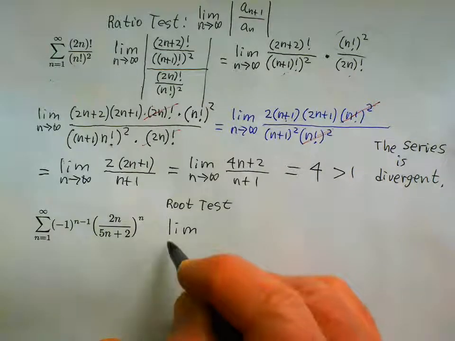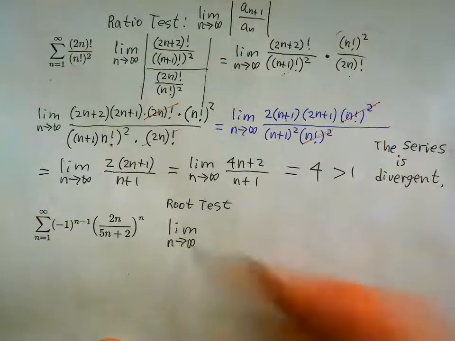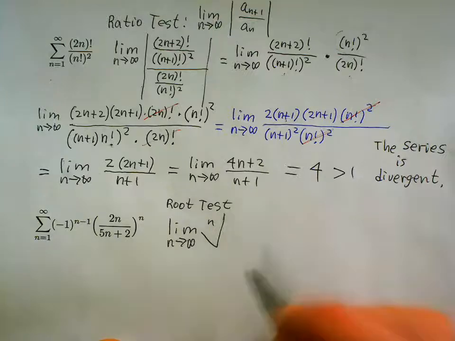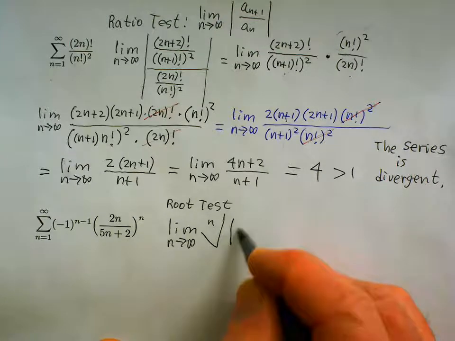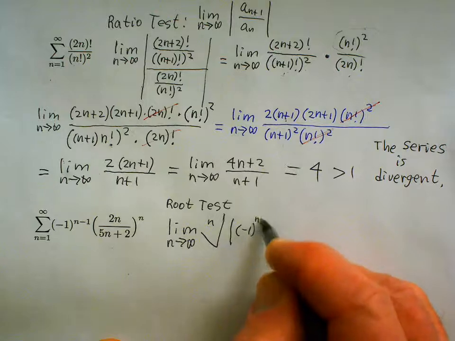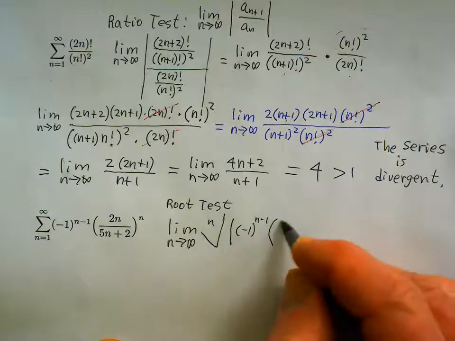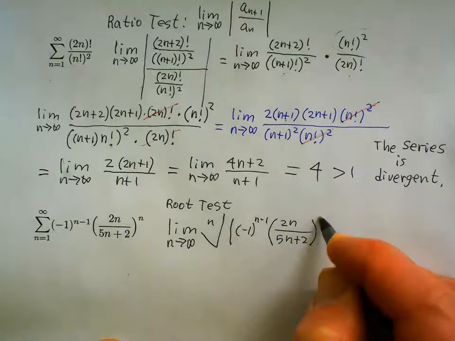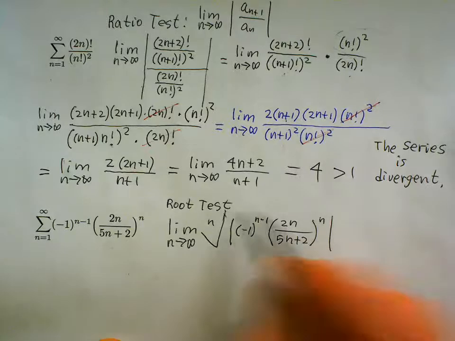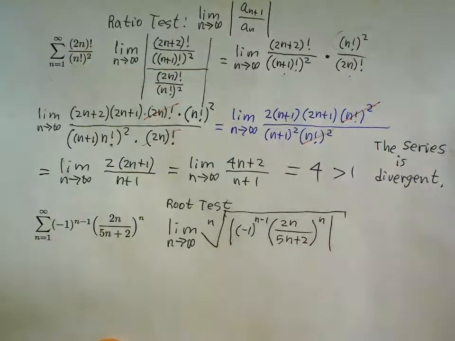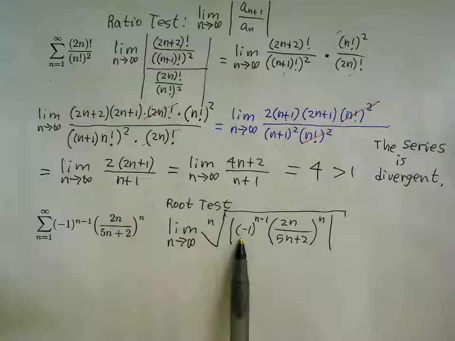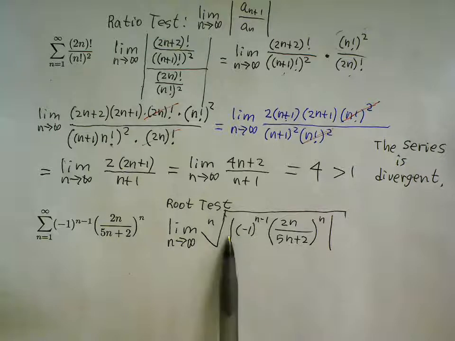Okay, so the limit as n approaches infinity of the nth root of the absolute value of negative 1 to the n minus 1 times 2n over 5n plus 2 to the nth. Well, we won't need to write negative 1 to the n minus 1 after we compute the absolute value.